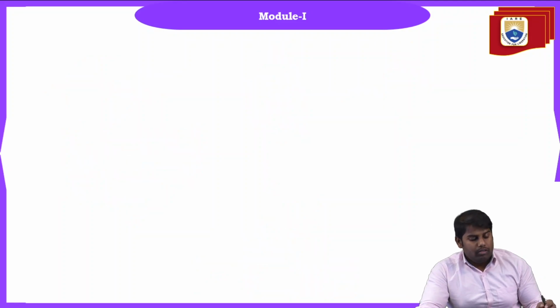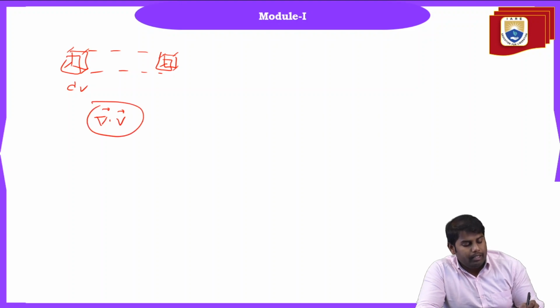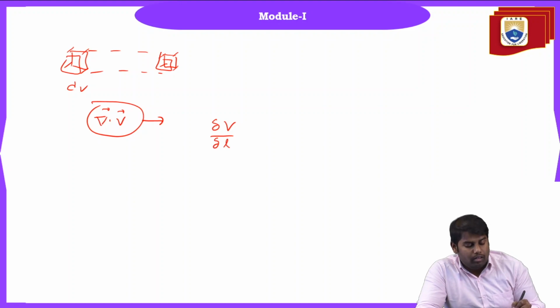Next, let's say you take a fluid element approach. So here the volume is dV. It is traveling to a certain region. So the divergence, del dot V bar, is nothing but the change in volume per unit volume.